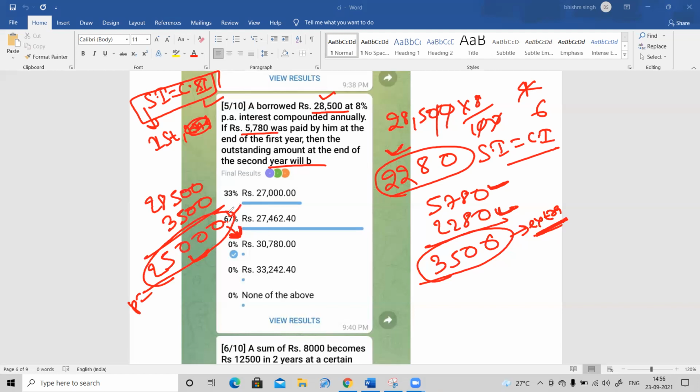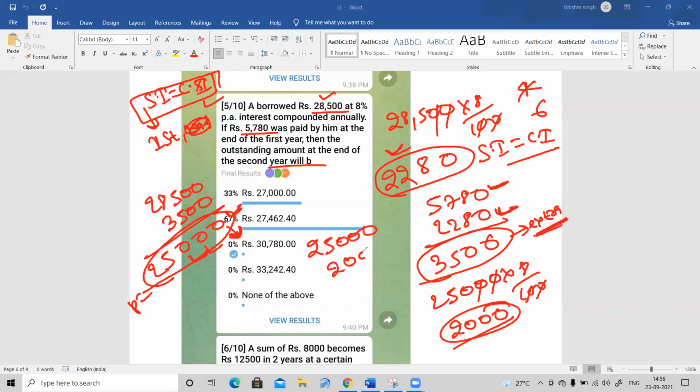So what I will do, for the second year we will charge the 8% interest rate on 25,000 rupees. How much is this? 0 cancels here, 25 times 8 is 200, and one more 0, 2,000 rupees. And my principal after the first year is 25,000. So 25,000 plus 2,000 is 27,000 rupees. 27,000 is your amount after 2 years.